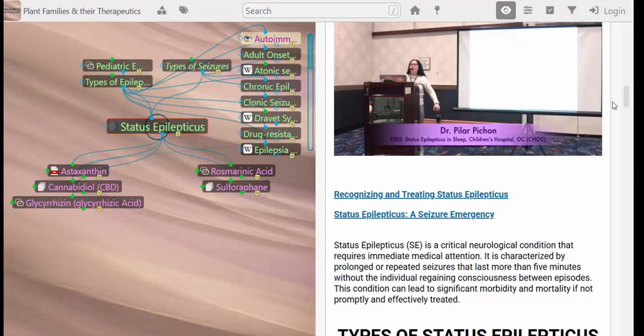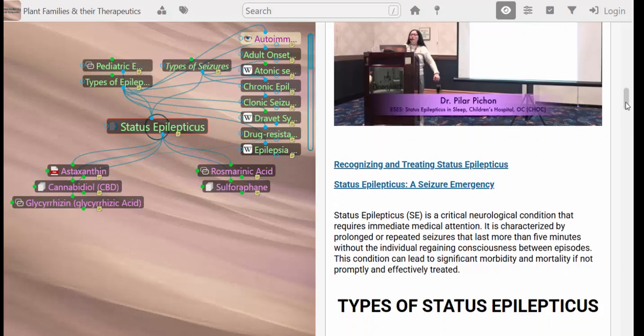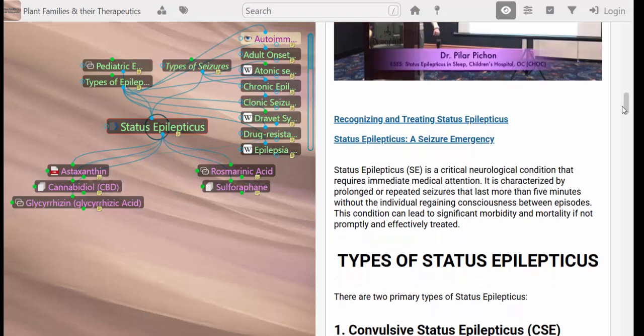It's a critical neurological condition requiring immediate medical attention, characterized by prolonged or repeated seizures that last more than 5 minutes, without the individual regaining consciousness between episodes. It can lead to significant morbidity and mortality.